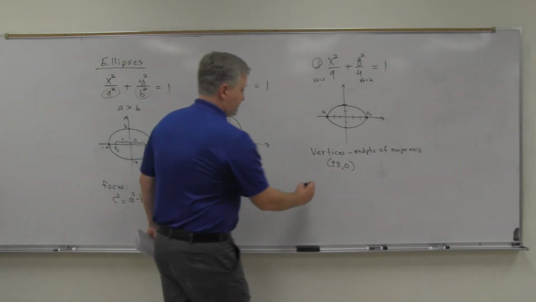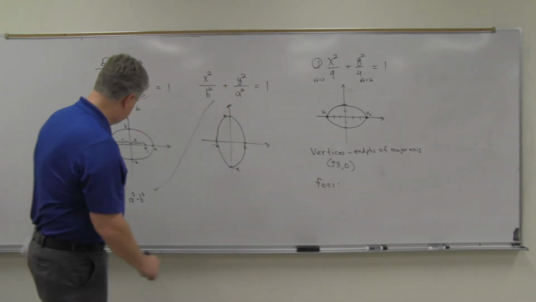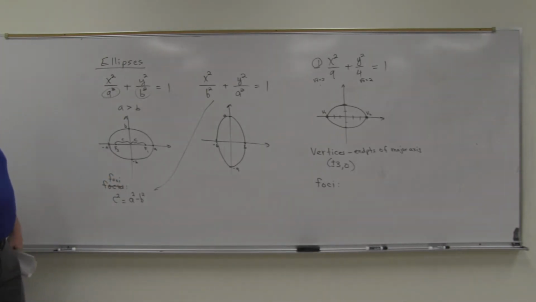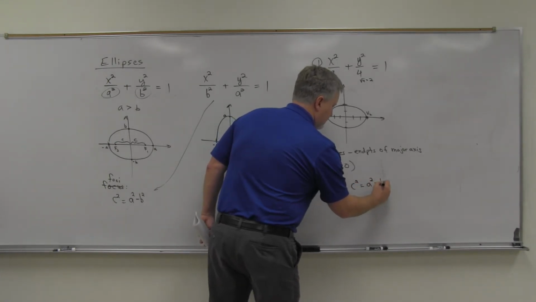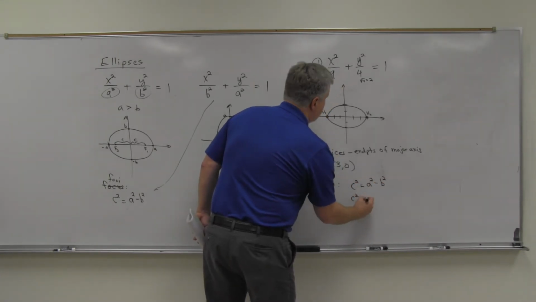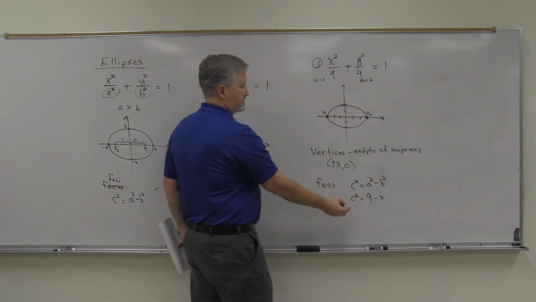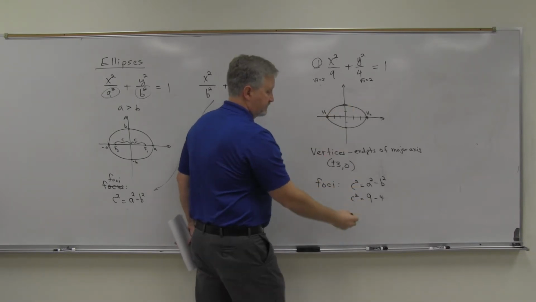What about the foci? I should have said foci here because it's 2. c squared equals a squared minus b squared. 9 minus 4. On the c squared equation, you don't square root those, you use the actual numbers, 9 minus 4.